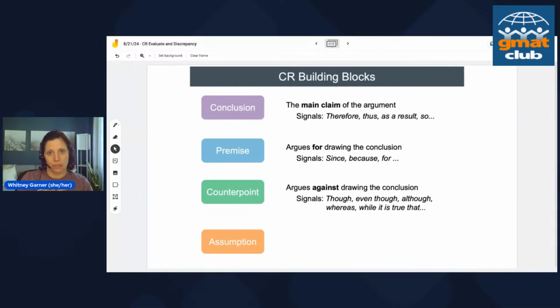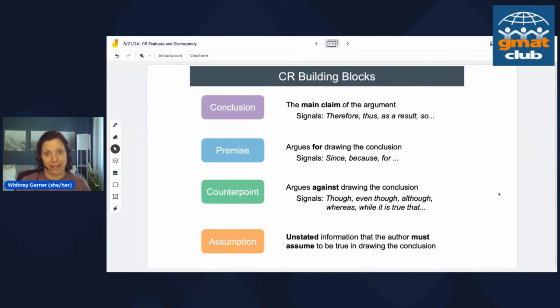When we think about assumptions on the test as the test taker, we need to think about the things that the author isn't stating. So for our understanding of the critical reasoning exercise, assumptions are things that the author has not said. However, these are also things that the author clearly must believe because they are required for the argument to stand.